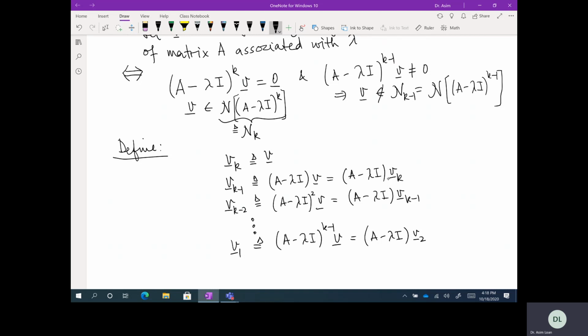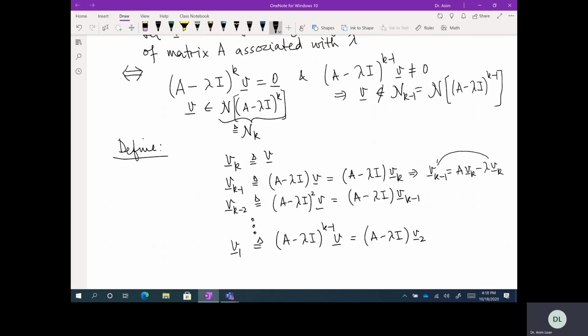So each one is equal to the previous one. So this simply implies v_(k minus 1) equals A v_k minus lambda v_k.